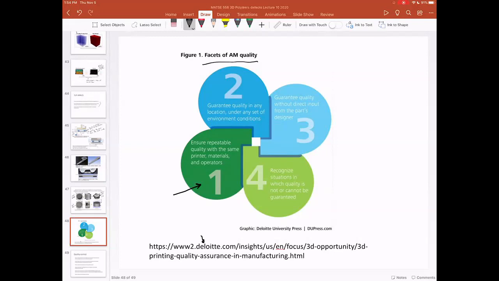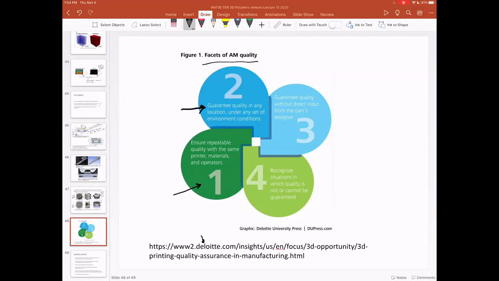Also, in the second facet of quality, you see under any set of environmental conditions. So the temperature goes up and down. And when the temperature goes up and down in our lab, the printing changes a little bit. And so that's important to remember. And so how do you guarantee quality as conditions are changing?